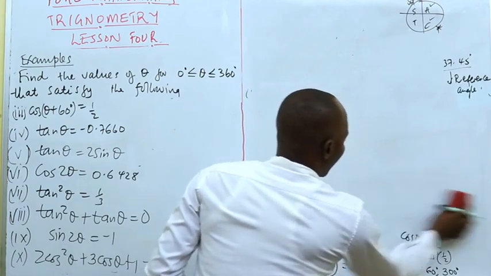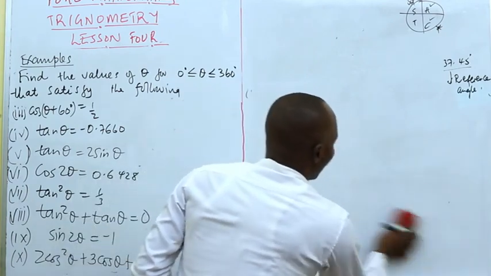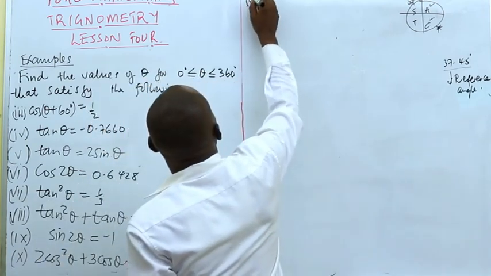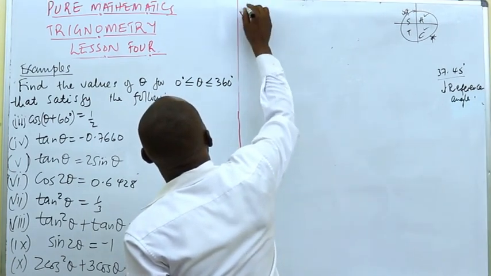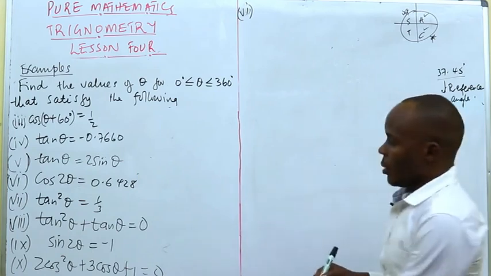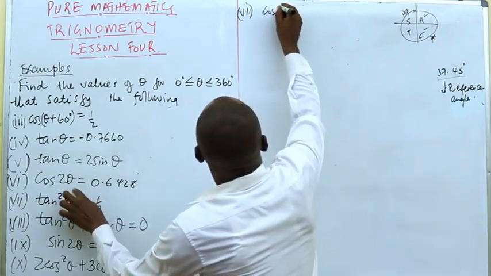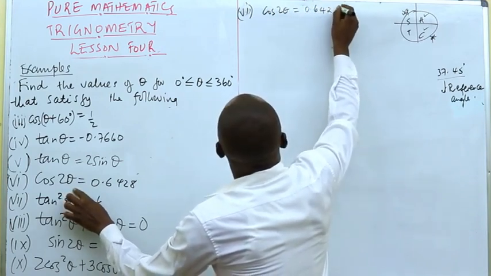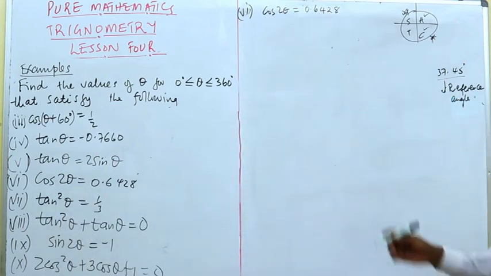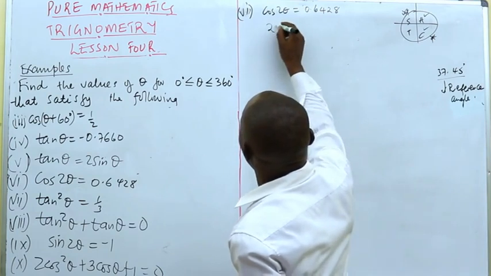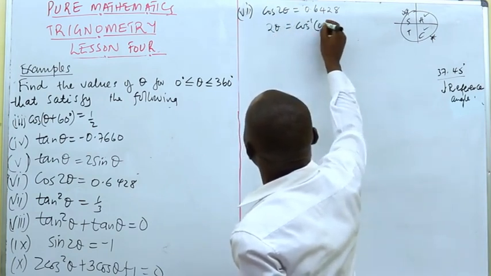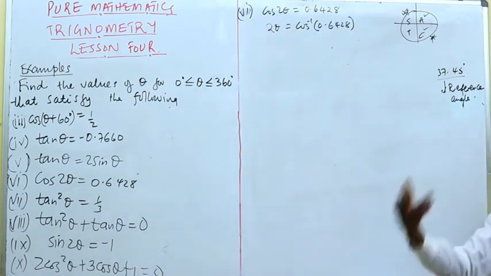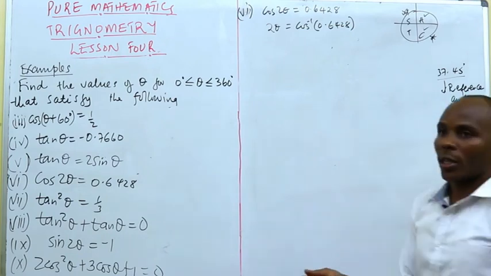When you look at Roman number 6, oh, it is Roman 6, not 4. It is here, cos 2 theta is equal to 0.6428. Now, of course, 2 theta is the cos arc of 0.6428. Something like this means that you are going to rotate 2 times. Move the first revolution.